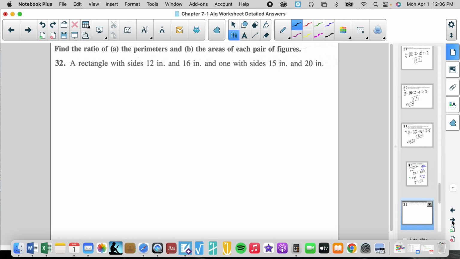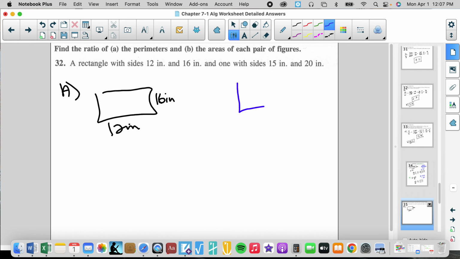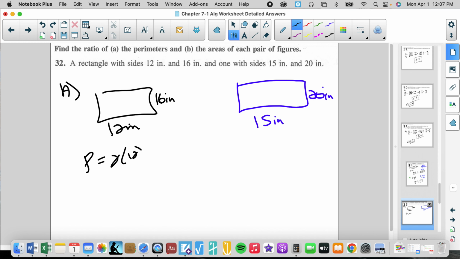We are doing this all well. Rectangle with sides 12 inches to 16 inches, and one with, I'm just making sure that they stay in the same units, 15 inches to 20 inches. So perimeter, 2 times 12 plus 2 times 16, which equals 24 plus 32, which gives us 58.